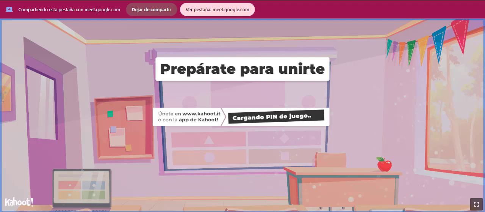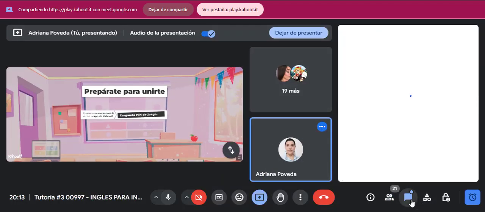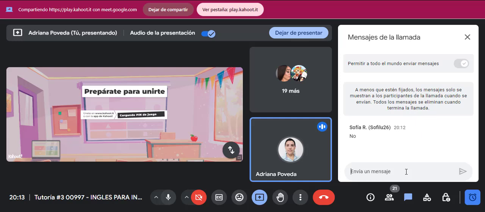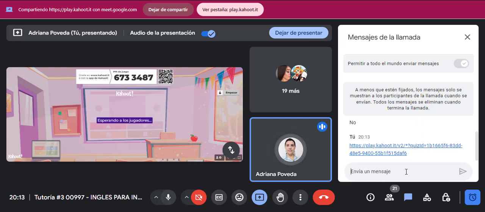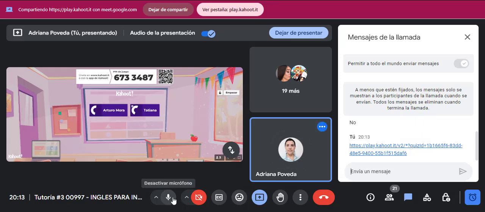So I'll copy the link in the chat of the session, and also you can join using the number that is there, 6733487, or scanning the code. We will give a couple of minutes for you to join.